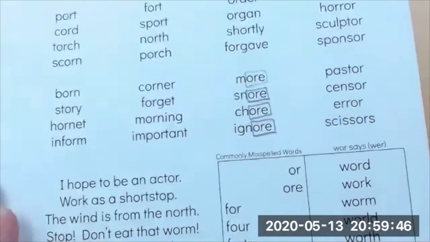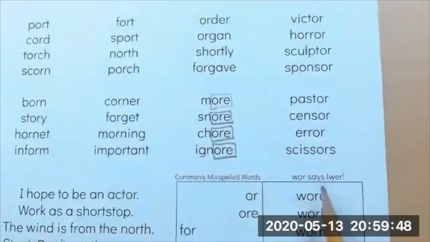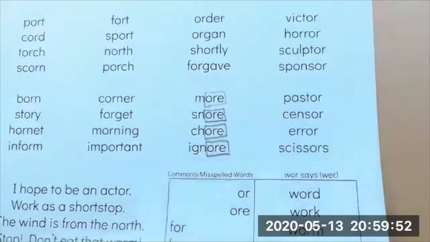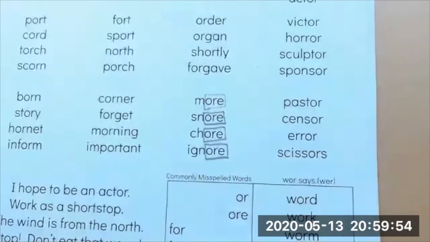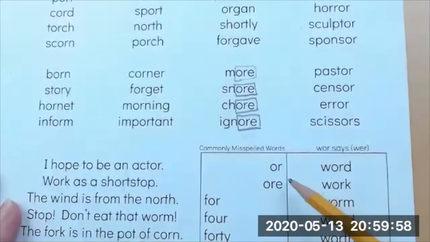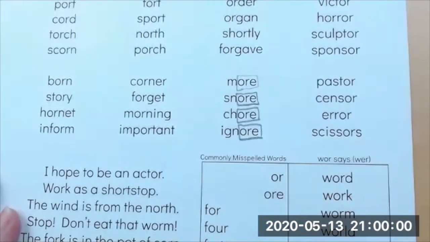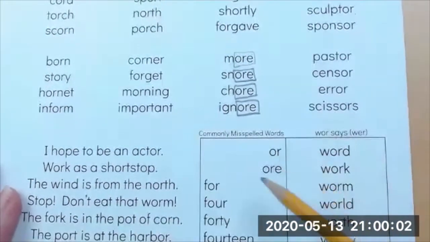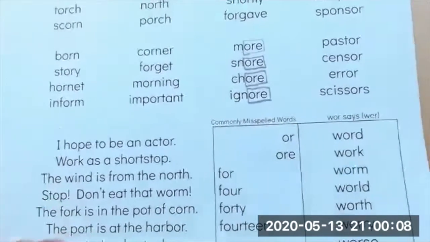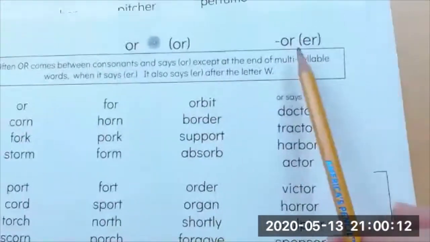There's a place on here where WOR says wer, like in word and work and worm, and you can link that back to the work they did before where W was bossy with AR. And then we put in some commonly misspelled words so that you can work with children on the spellings for those words. And there's cues at the top for some of the pieces that are on the page.